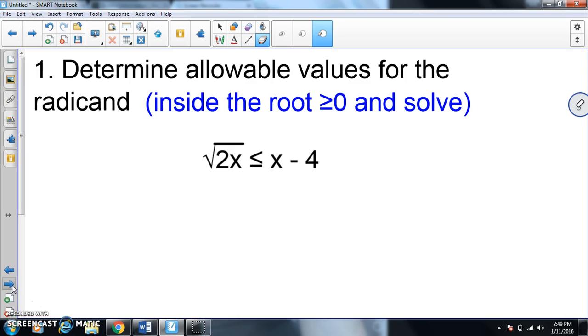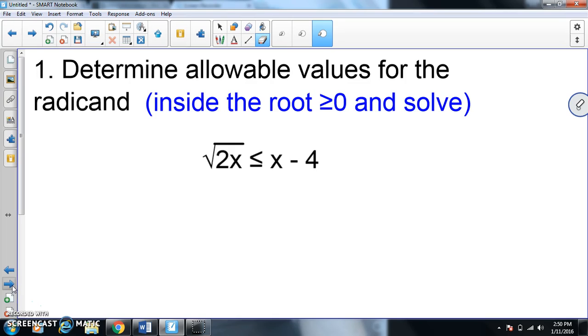By each step, we first need to determine our allowable values for the radicand. The way we do this is taking what is inside any of the roots and setting it greater than or equal to 0. The reason we can do this is because we cannot take the square root of a negative number and have a real solution.